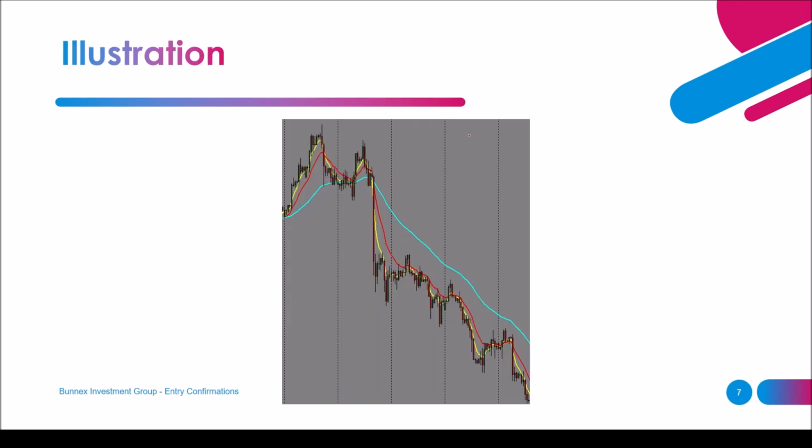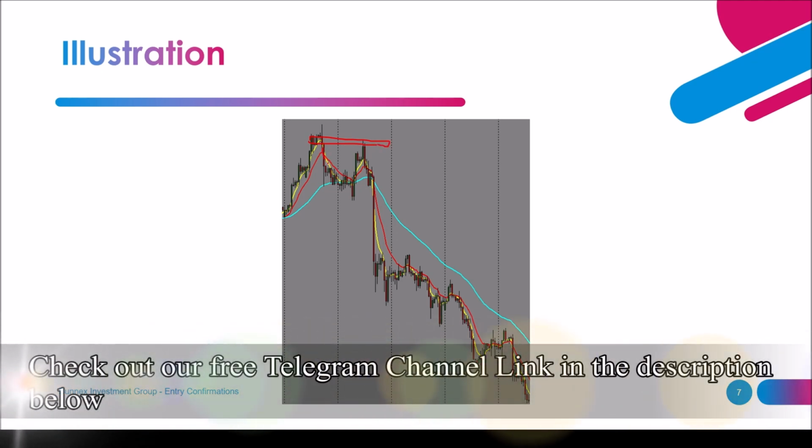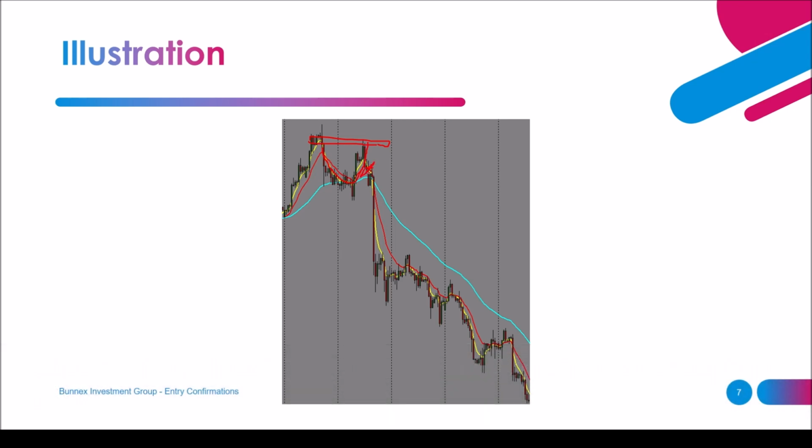Like in this case, we can see that we had this as our point of interest. From that point of interest, we required to see the market come and tap that zone, and after that we can see this small candlestick closing below the 13, which is the one in red. So after the candle closes below the 13, that is when we were going to make our sell entry right away.